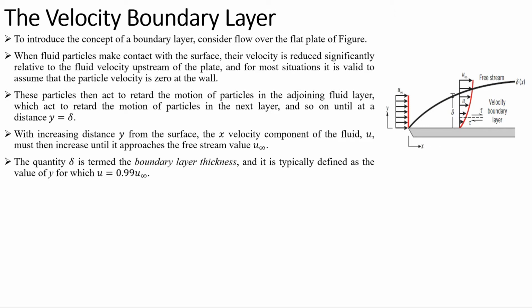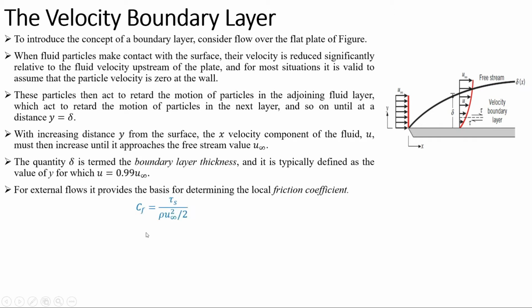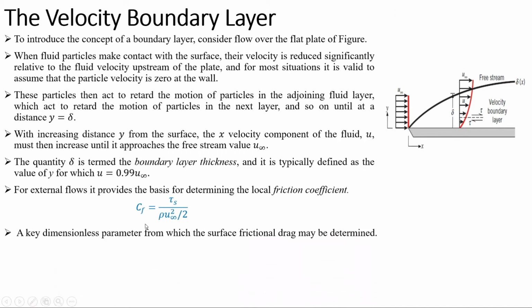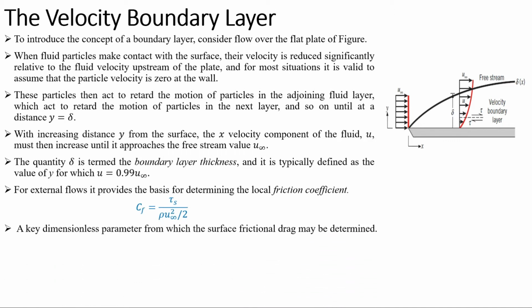Within the boundary layer, the velocity of a fluid is a function of y, and outside the boundary layer the velocity is the free stream velocity. For external flows, it is used to measure the Cf, which is known as frictional drag coefficient, which is the dimensionless parameter from which we can determine the frictional drag.